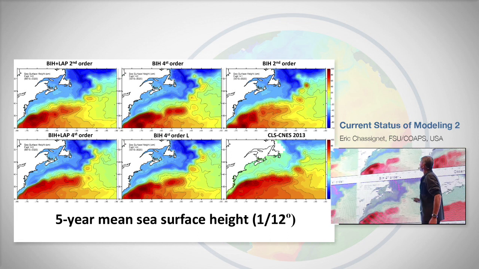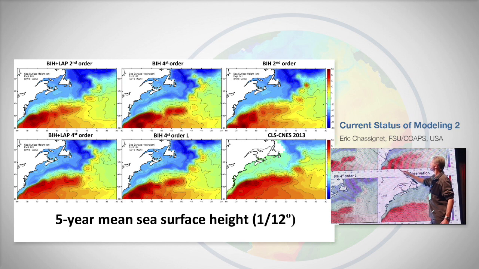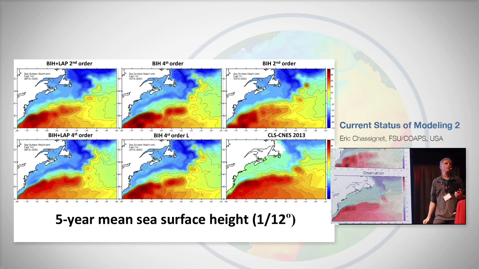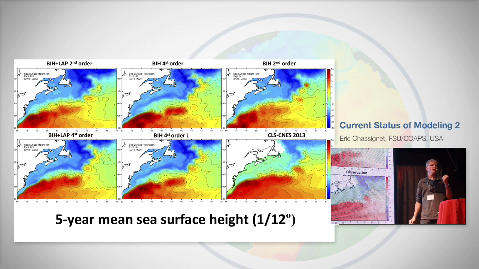But if you use biharmonic 4th order versus 2nd order, you again see a big difference, but the biharmonic has a tendency to behave more like the 1/25: too much eddy kinetic energy, not enough coherent features. What it means is that the subgrid scale parameterization in this case does not have enough information on the larger scale. This is just to illustrate how sensitive it is, and this is the observation that we're trying to match, and you see it's starting to get closer at 1/12 degree.